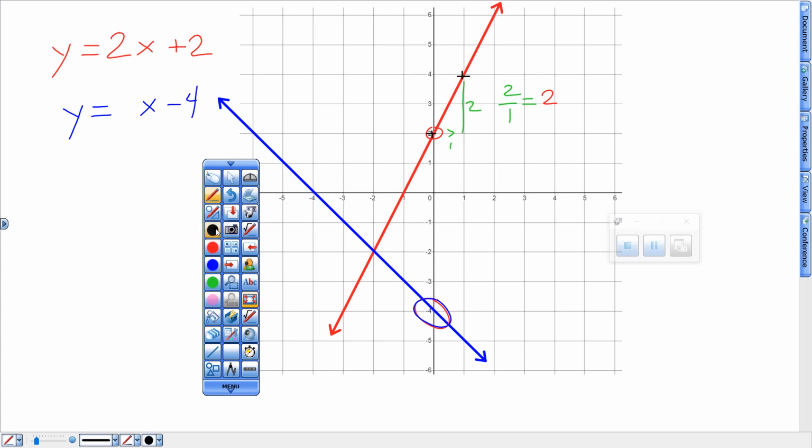Connecting any 2 points on that line looks like every time I'm going over 1, I'm going down 1. So you write that -1, or we just usually write that negative like that.